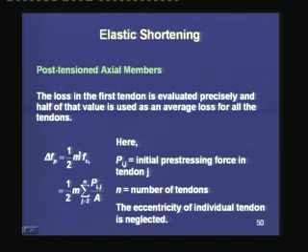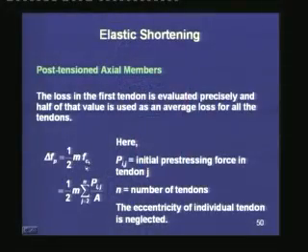That means we are calculating the stress in the level of the first tendon and multiplying that by the modular ratio. This is the loss in the first tendon. In our approximate calculation, what we are assuming is that the average loss in the prestress of all the tendons is half of the loss of the first tendon which has been stretched.